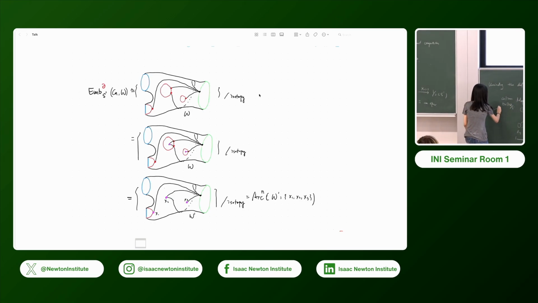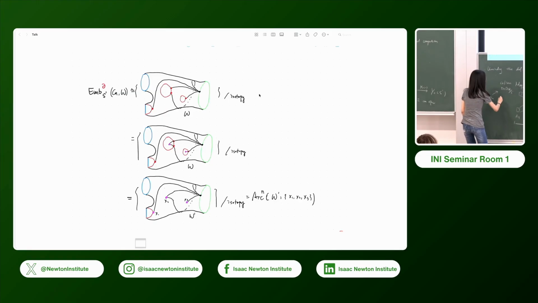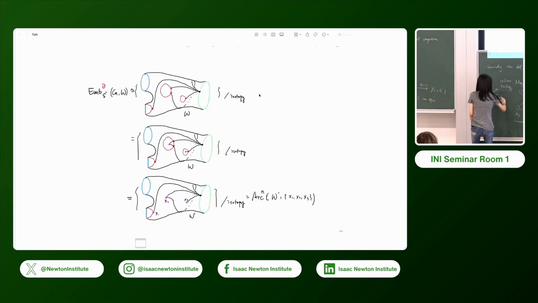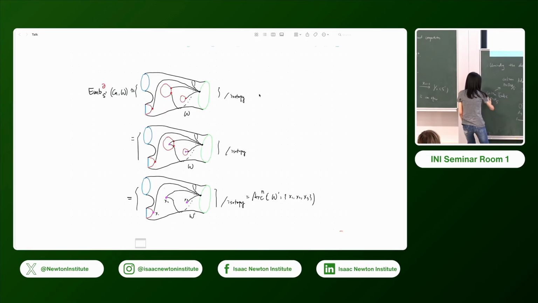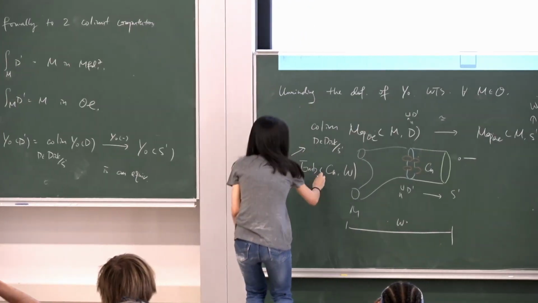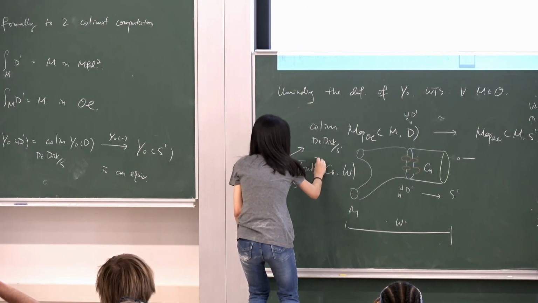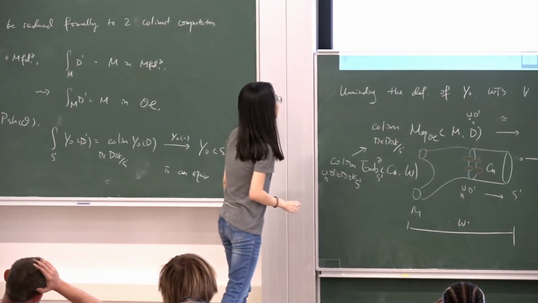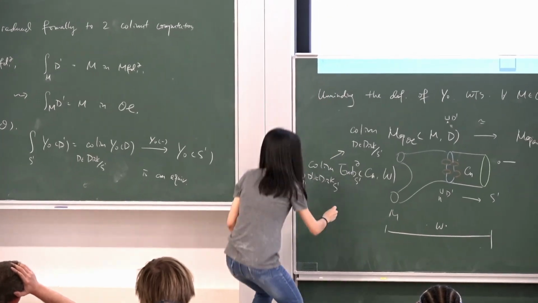So the fiber here is really just the colimit over disks over S1 of embeddings of the disjoint unions of n copies of D1's. So this is equivalent to embeddings of Cn into our fixed W, fixing the circle boundary and preserving the free boundary.